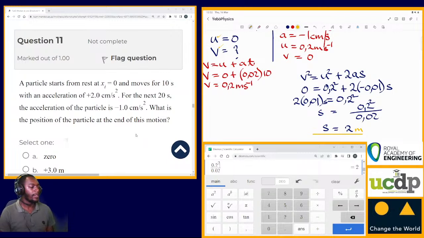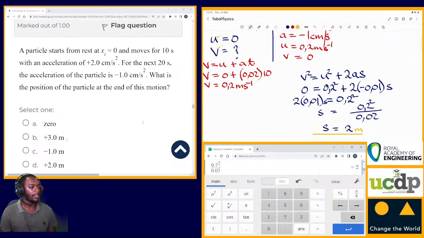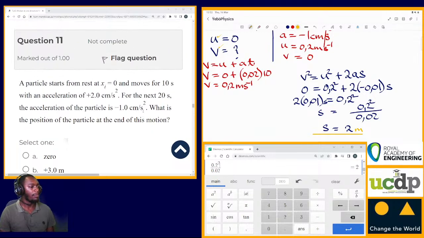All right. So the first part of the journey, we had our particle moving from x equals 0 for 10 seconds with an acceleration, so the speed was increasing at the rate of 2 centimeters per second squared, and then for the next 20 seconds the velocity was decreasing at a rate of 1 centimeter per second squared.